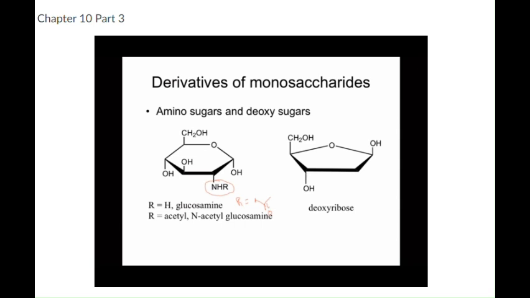Basically, both of these molecules, glucosamine and acetylglucosamine, once again, are very important for proper cartilage formation. We can also reduce sugars and basically remove the hydroxyl group. This gives rise to the deoxy sugars that are critical for making our deoxyribonucleic acid, or DNA.